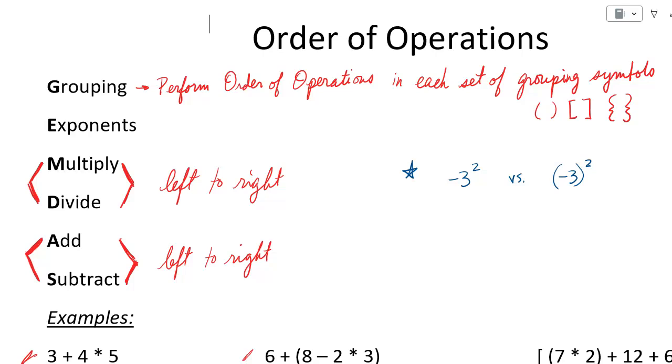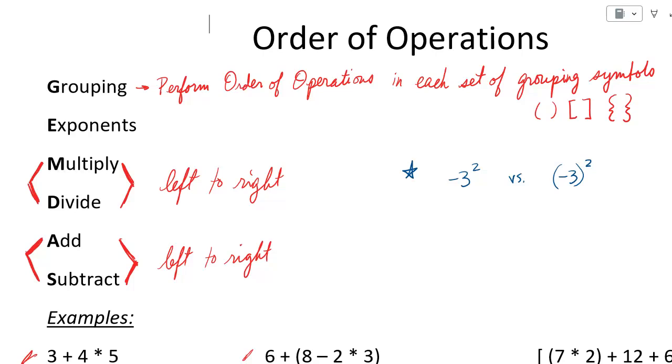So whichever one occurs first as you read left to right, you perform that first. So do all the multiplication and division in order from left to right. Same thing with addition and subtraction when you get to that step. So grouping first, innermost groups to outermost, then the exponents, then you multiply and divide left to right, whatever comes first, and then you add or subtract left to right, whichever comes first.